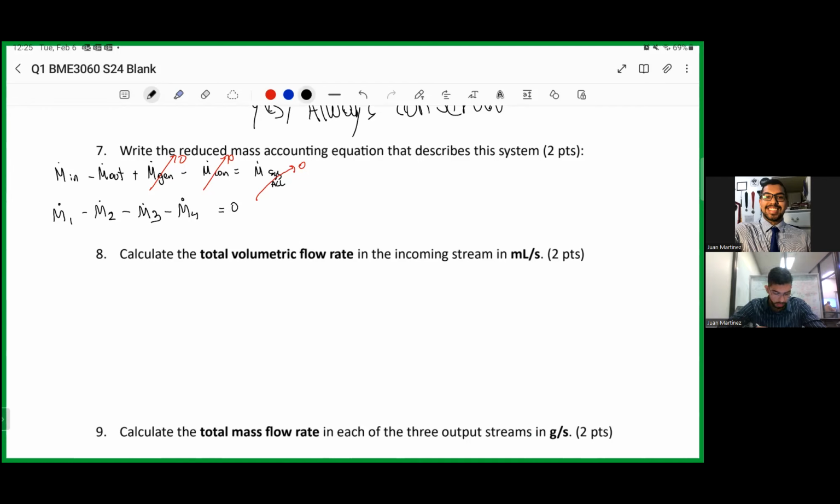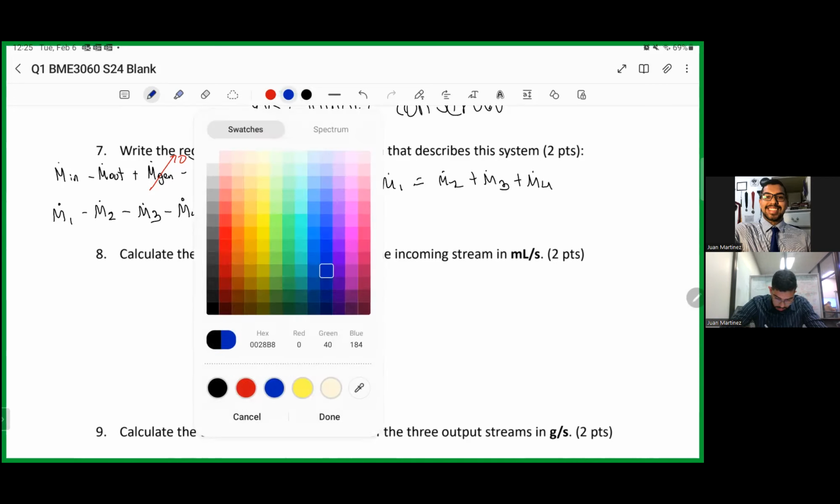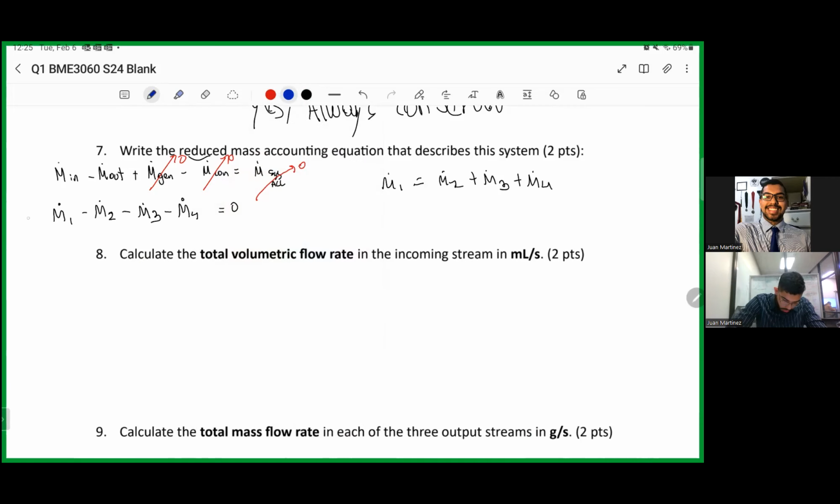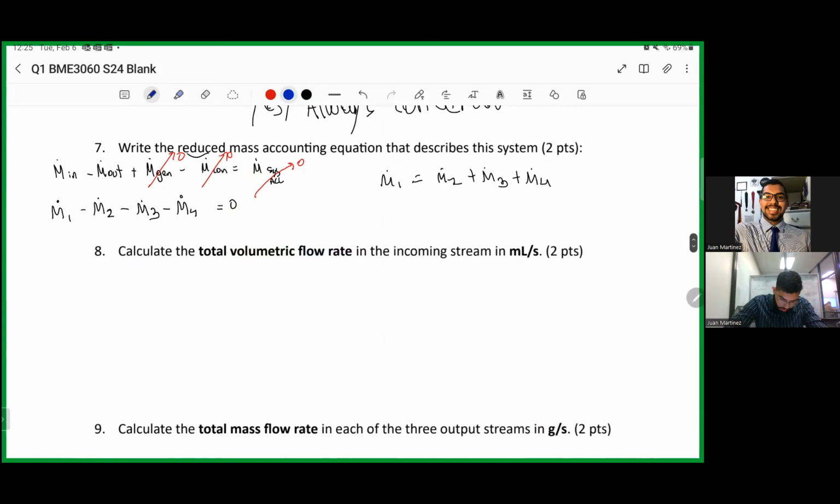You can say it like that. You could also say that mass 1 is equal to mass 2 plus mass 3 plus mass 4. That's also okay. And given the fact that it's only talking about the reduced one, let me quickly do this. So this is correct. These are possible.